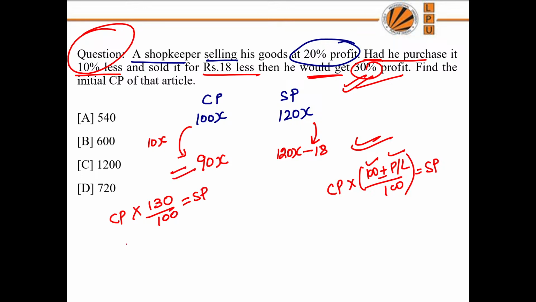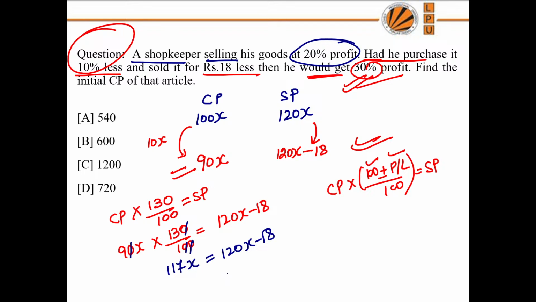CP is given to you as 90x. So I am writing here 90x into 130 divided by 100. It is giving you 120x minus 18. If you cancel it further, it gives you 117x is equal to 120x minus 18.